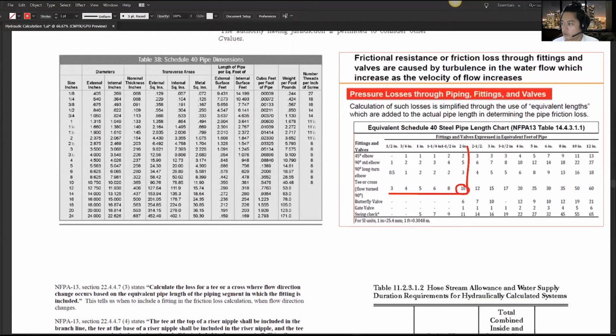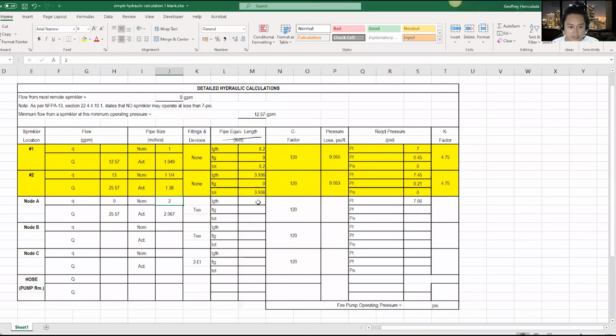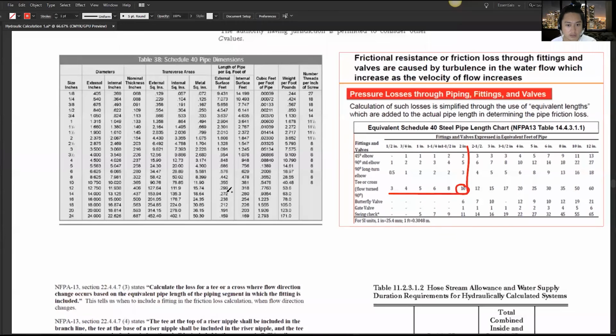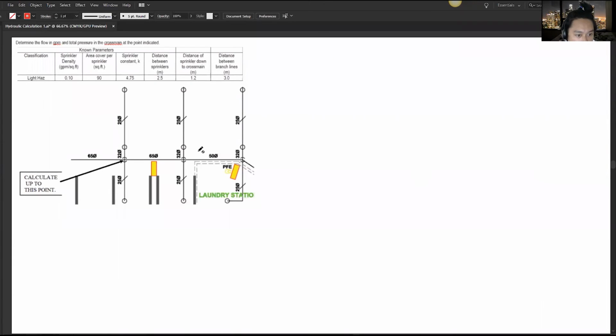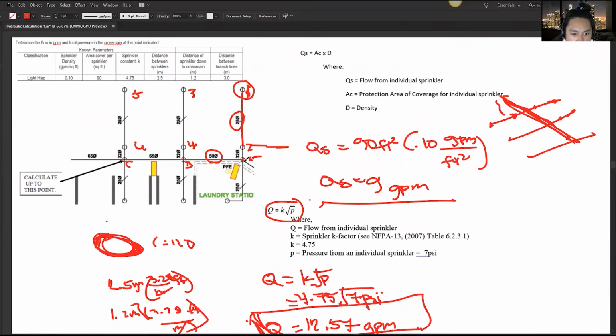So if we put that in our fitting, the pipe equivalent length is 10 feet. Now the length from node A to node B, the distance between branch lines, is given as 3 meters.